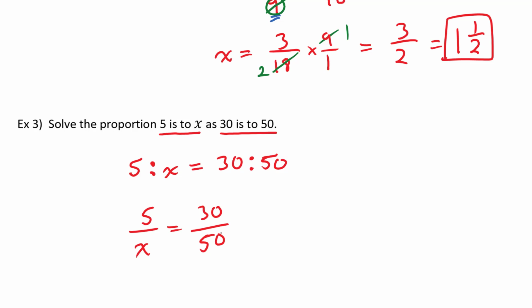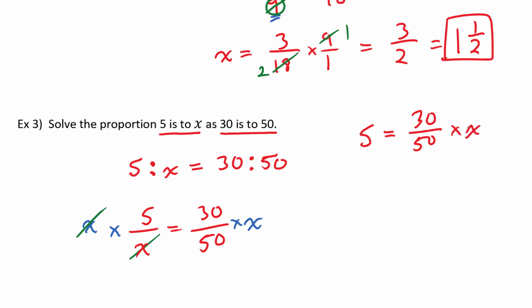But we can also rearrange it. Let's move the x to the other side. How do we do that? Multiply both sides by x. In that case, the x's cancel out. I'm now left with 5 is equal to 30 divided by 50 times x.